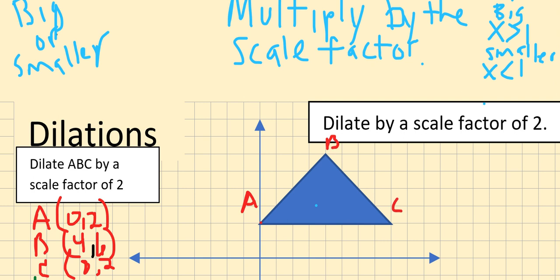So we're going to multiply each ordered pair by the scale factor, which is 2. So this is going to give you 0, 4. Then you're going to have 8, 12, and then you have 16, 4.